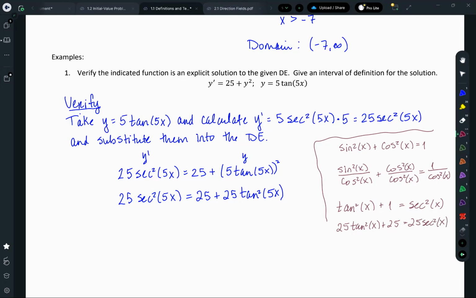And then we can see how that is the Pythagorean identity that we're working with in our ODE. Okay, so the equality holds because this is a Pythagorean identity.